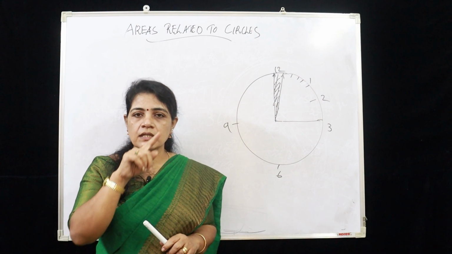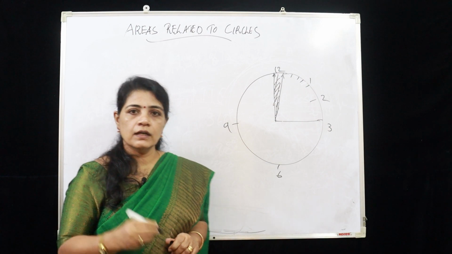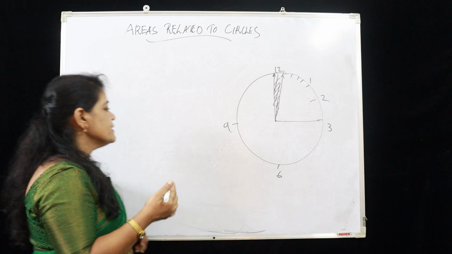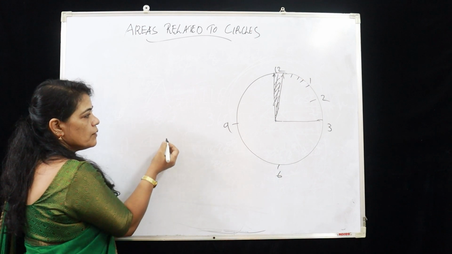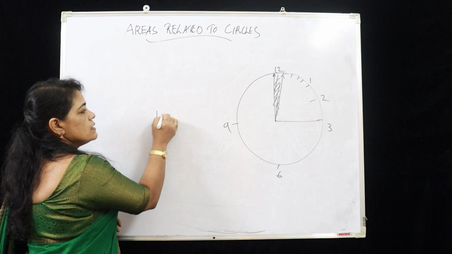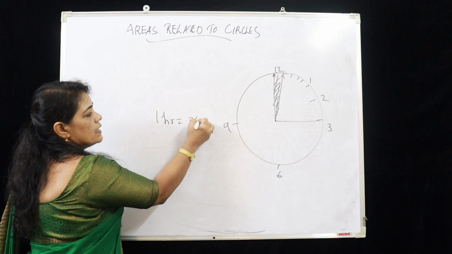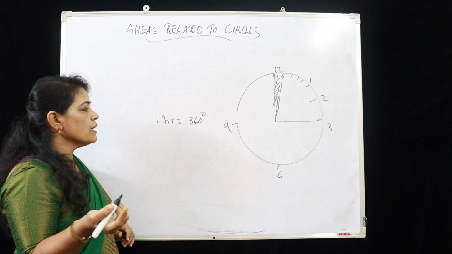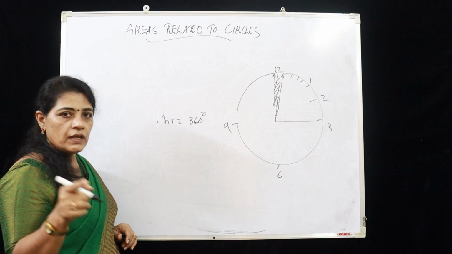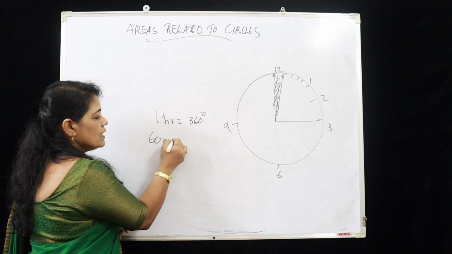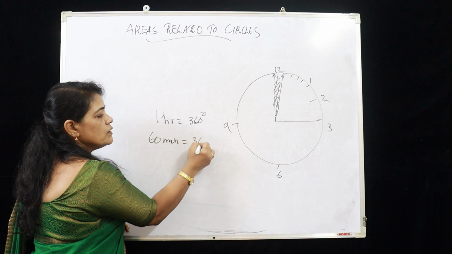In 1 hour, the minute hand completes the full angle, that is the circle. So the angle described by the minute hand in 1 hour is equal to 360 degree. We can convert hour into minutes: 1 hour is 60 minutes. So in 60 minutes it is equal to 360 degree.